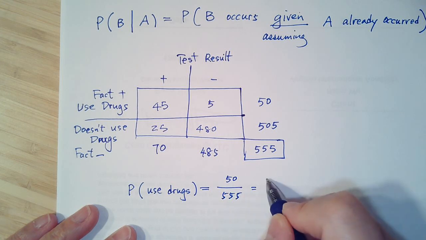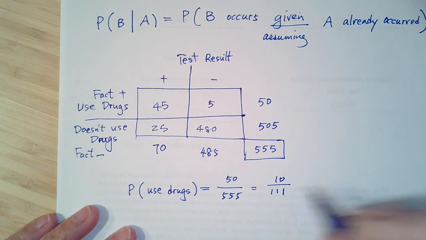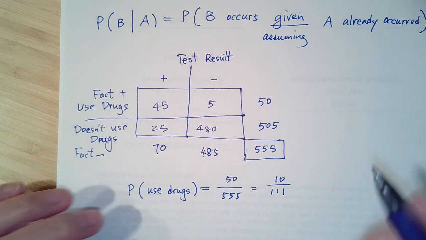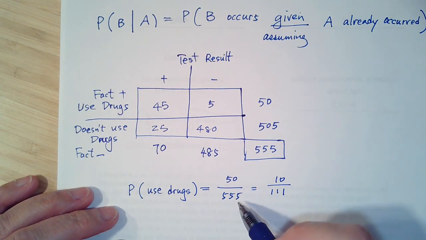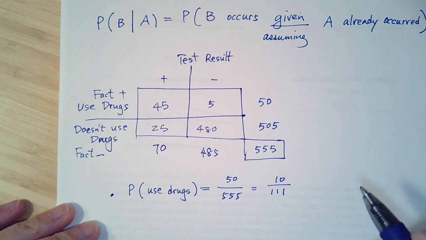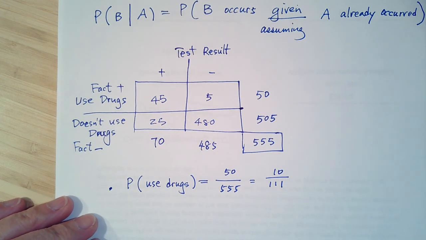Of course, you can simplify that to 10 over 111. This is the probability that you randomly select a person who uses drugs. We are using the relative frequency approach to get the probability. That's the first question.